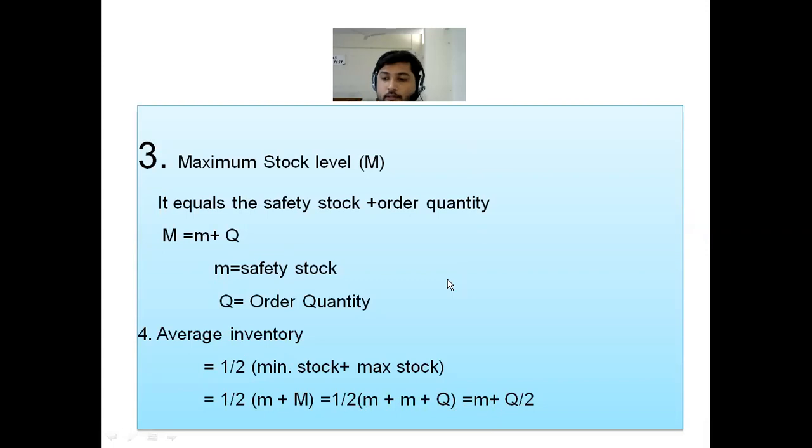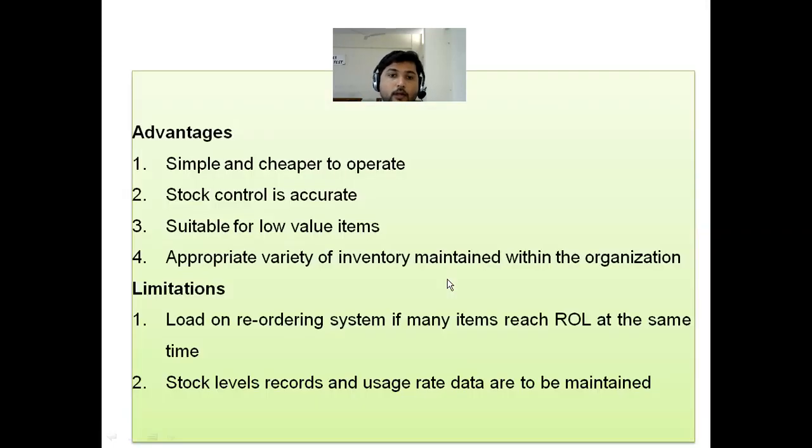Now, the next thing is what are the advantages of the fixed quantity system? It is simple to calculate. Once you reach the reorder level, you have to perform the action repeatedly, that is, you have to place the orders to the specific supplier with a fixed quantity.